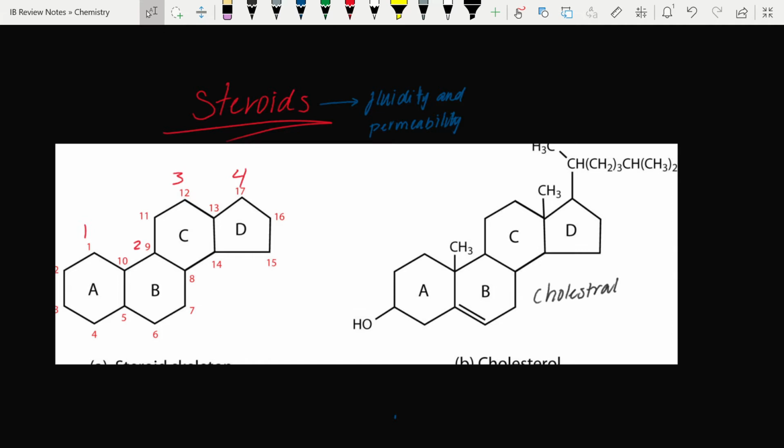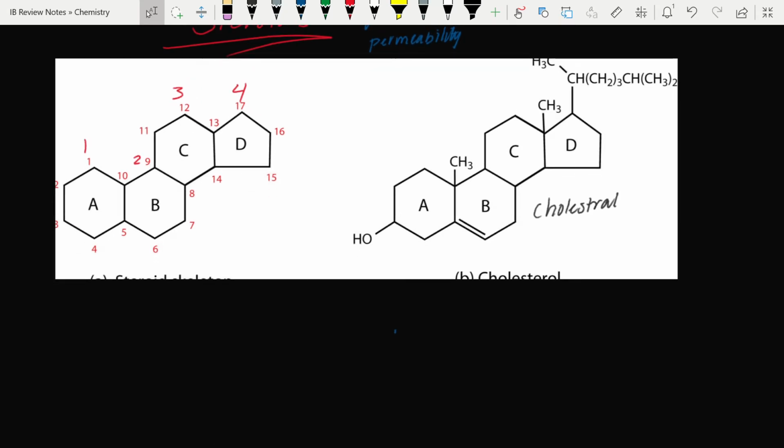One way cholesterol is not good for you is because it is not soluble in water. It is one of the main culprits of circulatory disease, because it's not soluble in blood. It's transported through LDL and HDL.